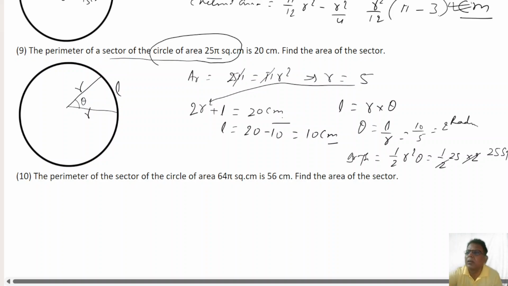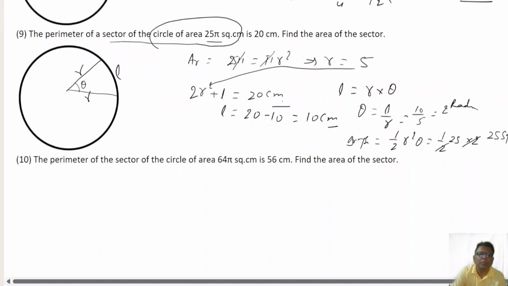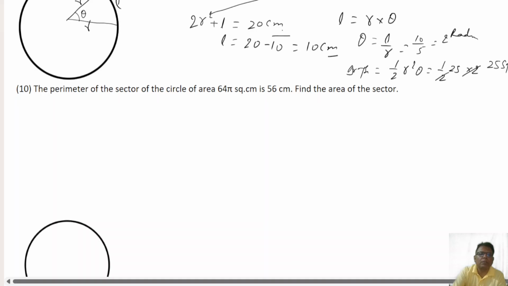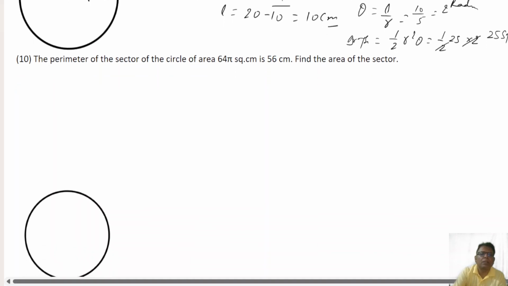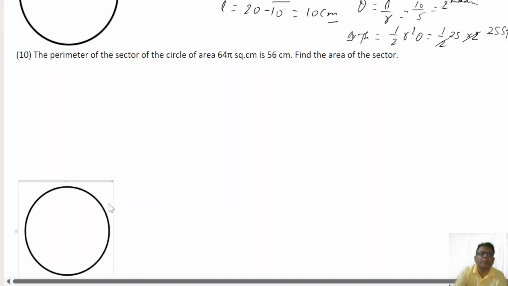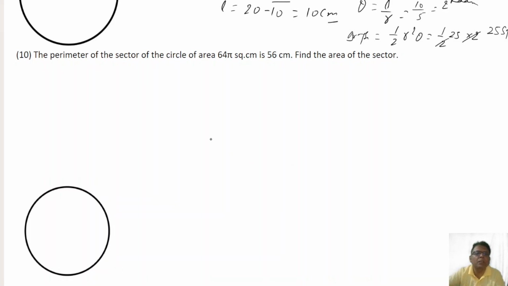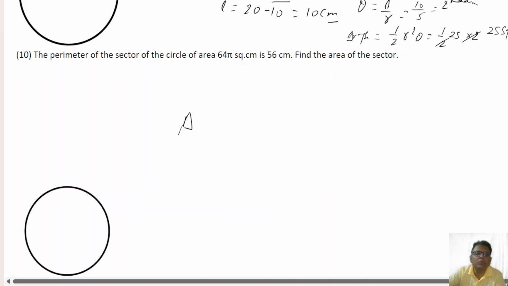That is the answer. Now come to the last question. The last question says the area of the circle is pi r square equal to 64 pi. So r is equal to 8 centimeter.